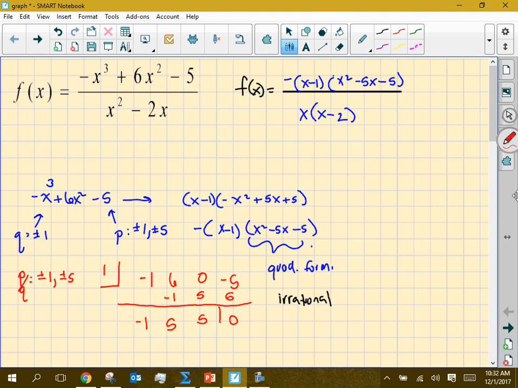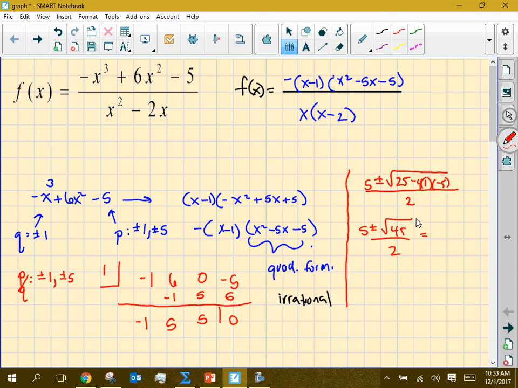If we did, kind of proving my point even more, using the quadratic formula, you go opposite of b, so it'd be 5 plus or minus the square root of 25 minus 4. A is 1, C is negative 5, then all over 2a, so it'd be 2. So we get 5 plus or minus the square root of 25 plus 20, so 45, over 2.